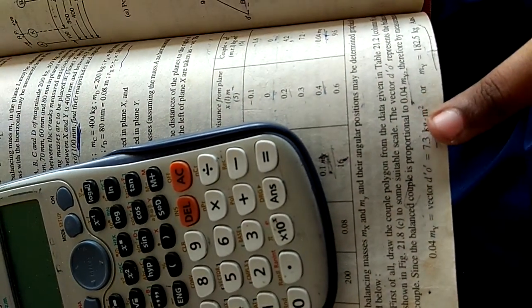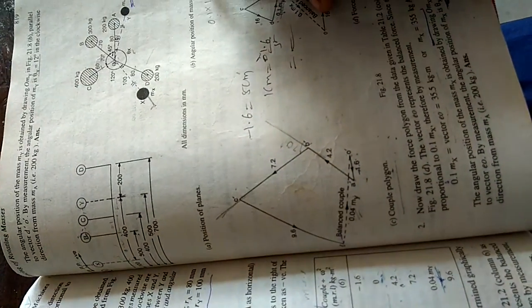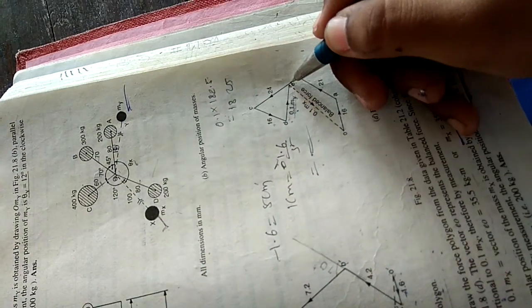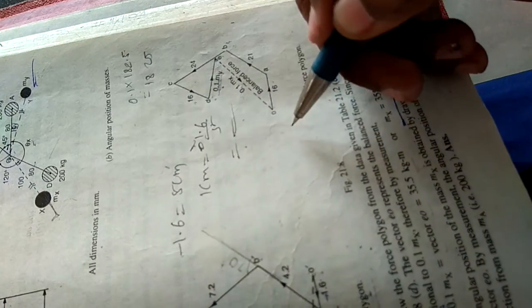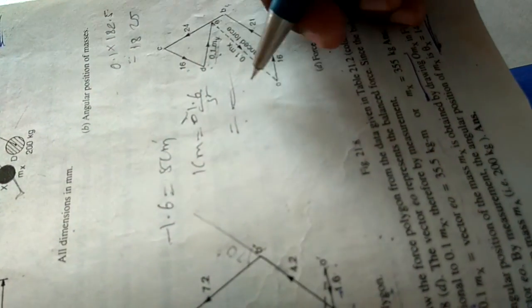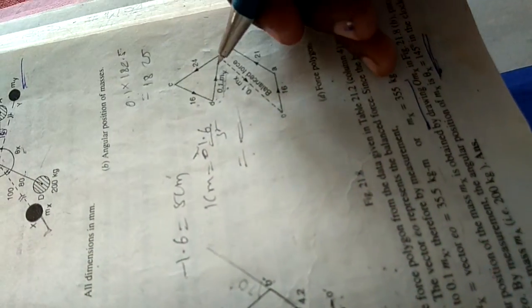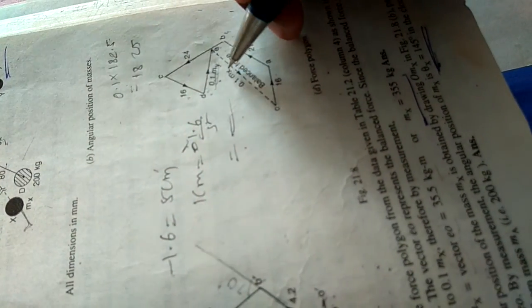So if we multiply it by 0.1 my, it means 0.1 into 182.5. The answer will be 18.25. So draw an 18.25 line. It will be up to this much point, and from this join the last point O, from O to E, and this will be 0.1 mx.